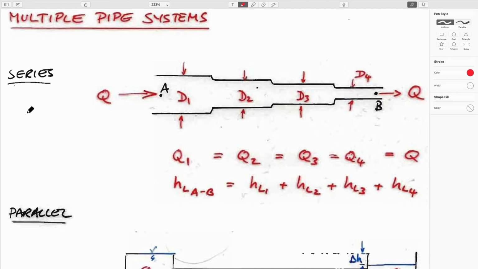You know that the Bernoulli energy equation is written between upstream and downstream, and we have the energy equation terms of a pump head on the left-hand side, upstream, and a head loss term on the right-hand side, which is downstream, and those head losses are for major losses in pipes and minor losses around joints and fittings.